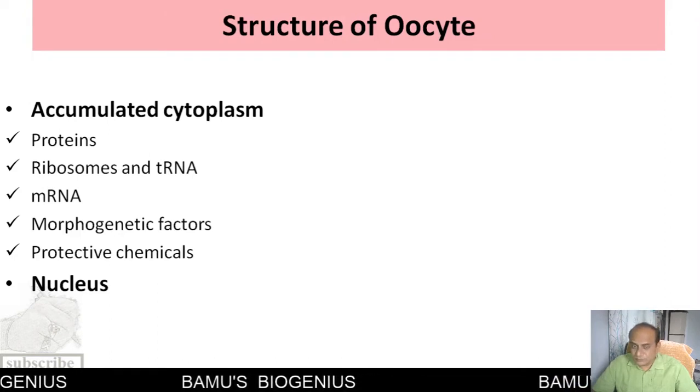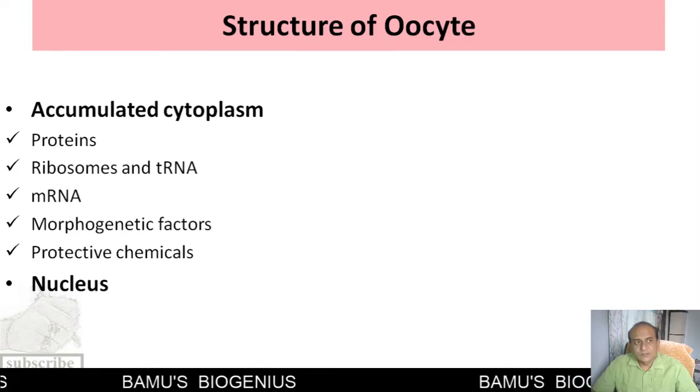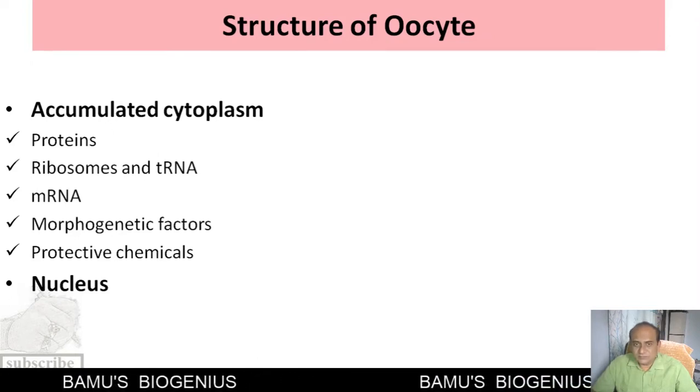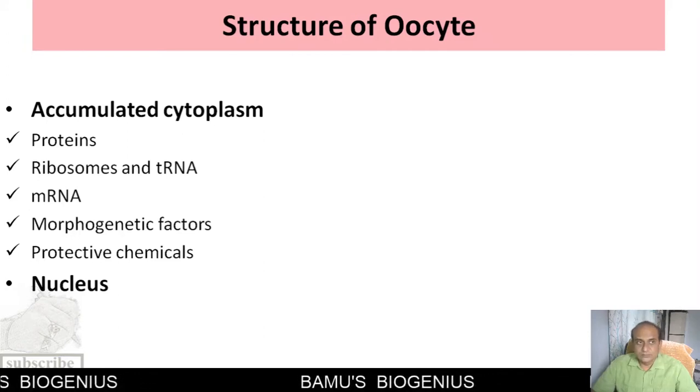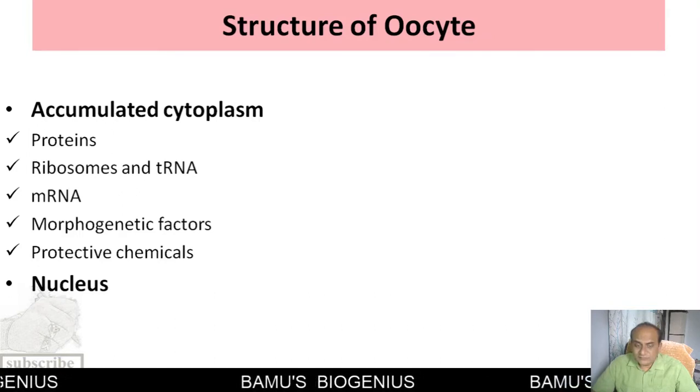In humans, the sperm is about 65 micrometers in length, but the oocyte is 0.1 mm in diameter. So it is 10,000 times larger than the sperm.